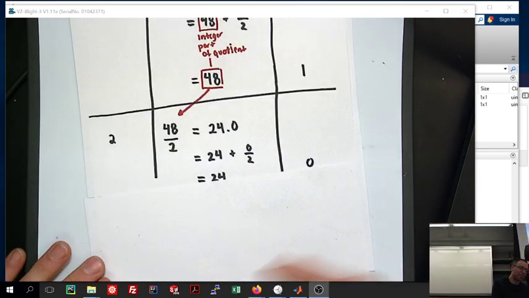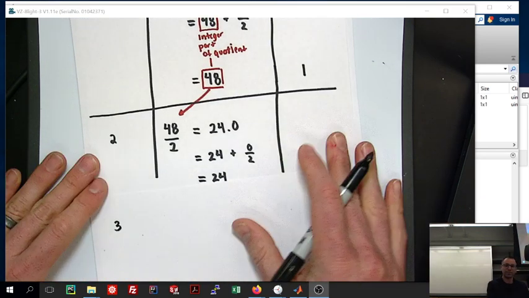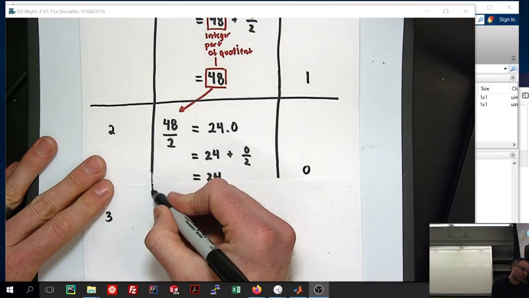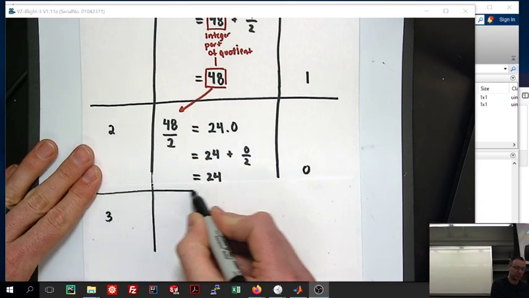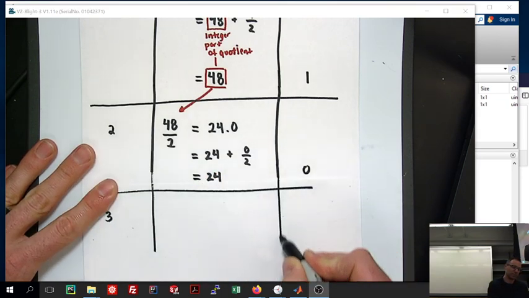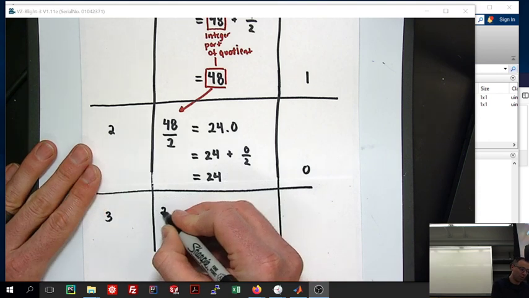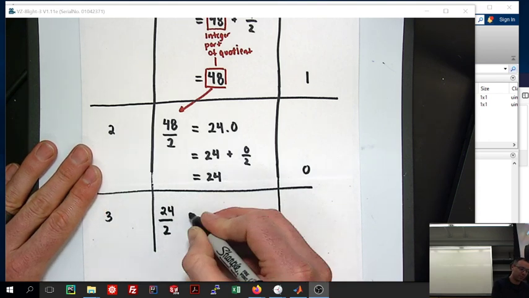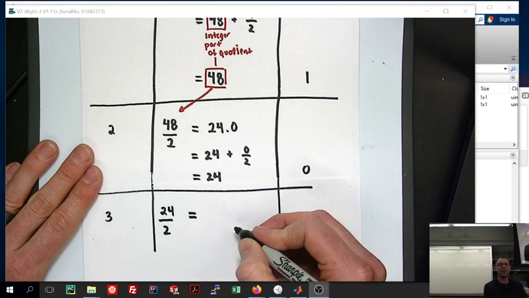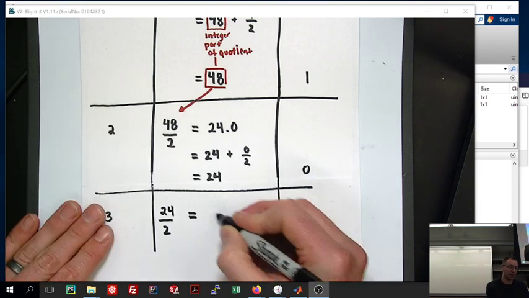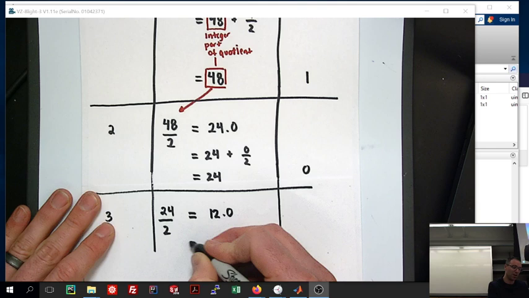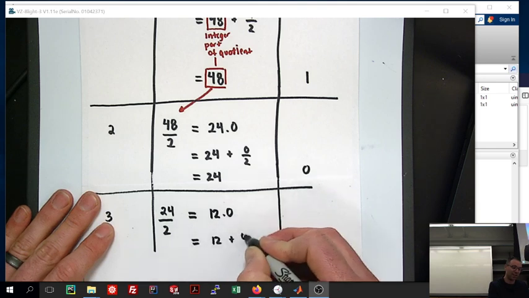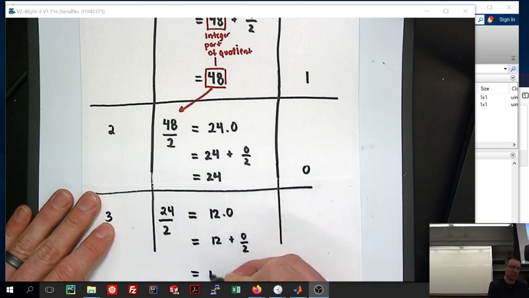Could you guess what step 3 starts with? So 24 divided by 2. Well, let's see. Today is Wednesday. 24 divided by 2 probably should be 12.0, which is 12 plus 0 over 2, which means the integer part is 12.